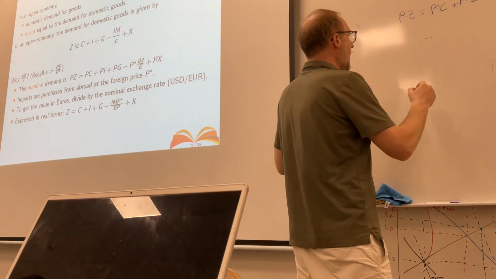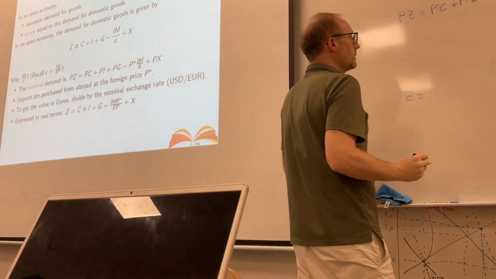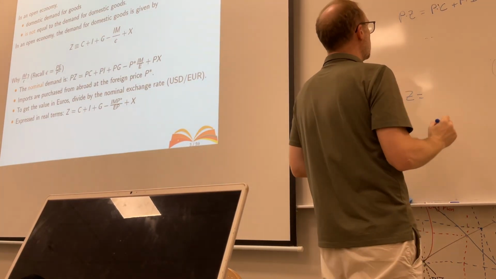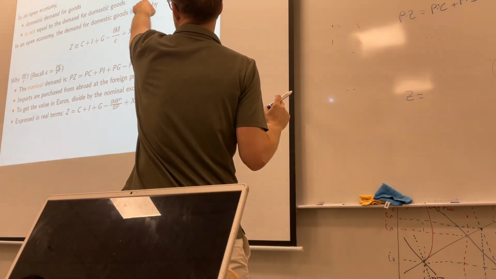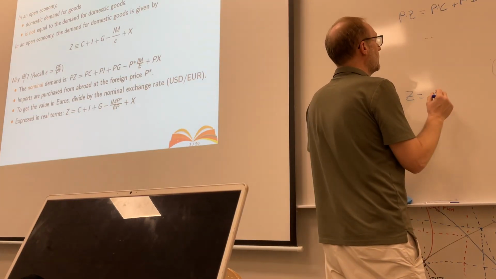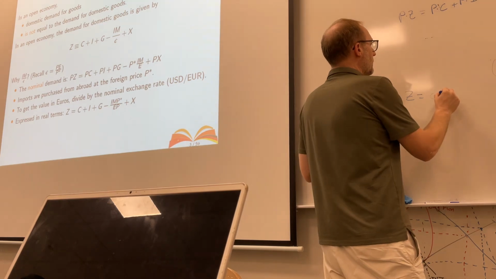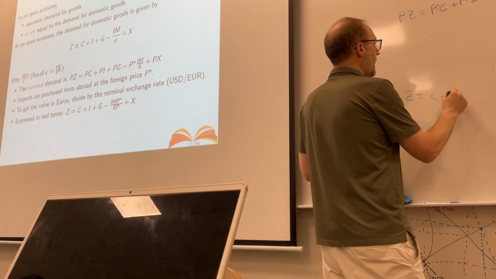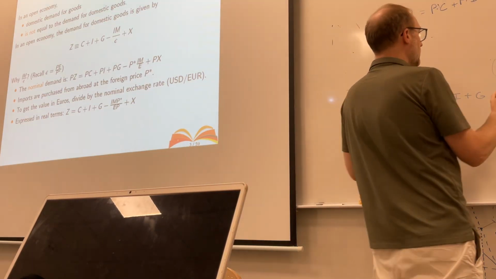Okay, and now if we want to get the real demand, our demand for domestic goods, we divide through by our price level. We just want to know the number of baskets that we've bought.